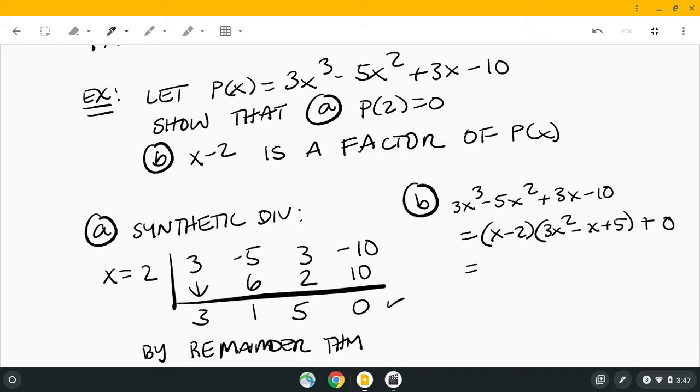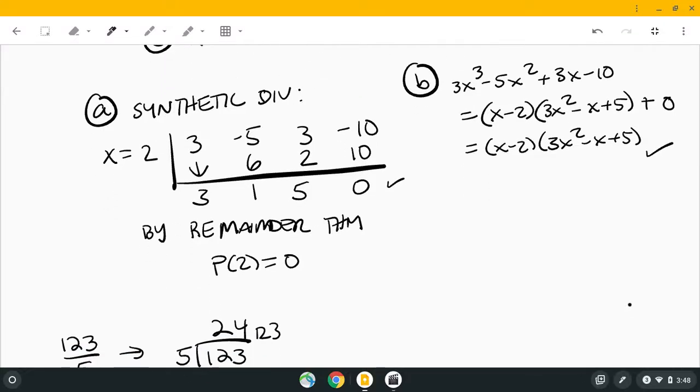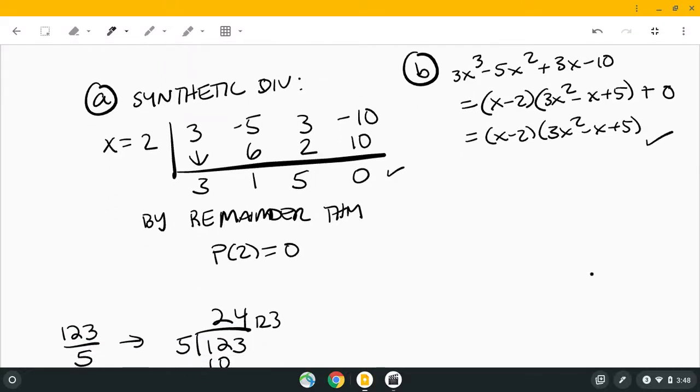Then if we simplify that, we get this. And here we show that x minus 2 is a factor, because we don't have a remainder. So that's it for the remainder theorem and the factor theorem.